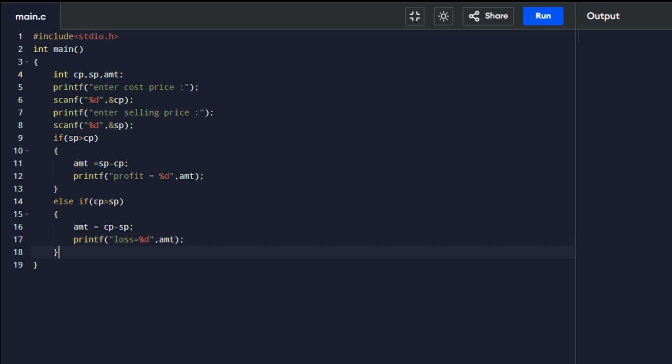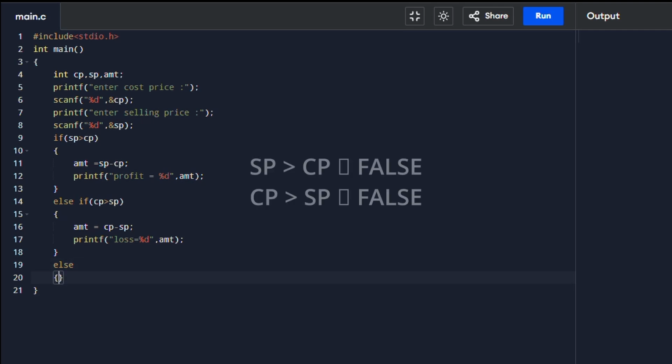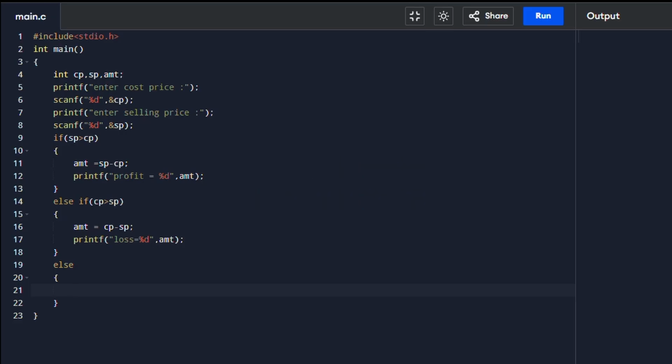Now comes the third condition, else. This block executes only when SP greater than CP fails and CP greater than SP fails, both conditions fail. This can happen only when SP is equal to CP, meaning both the prices are equal.